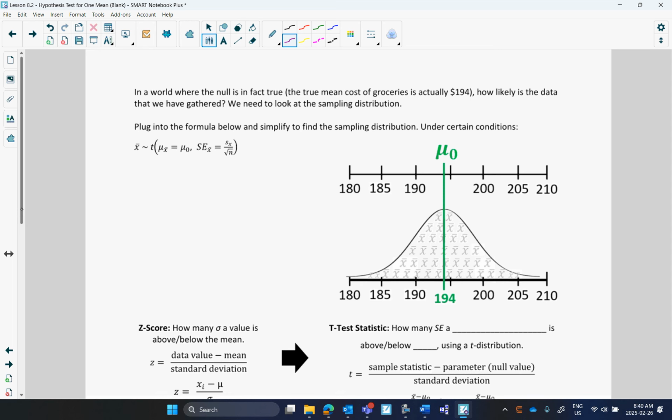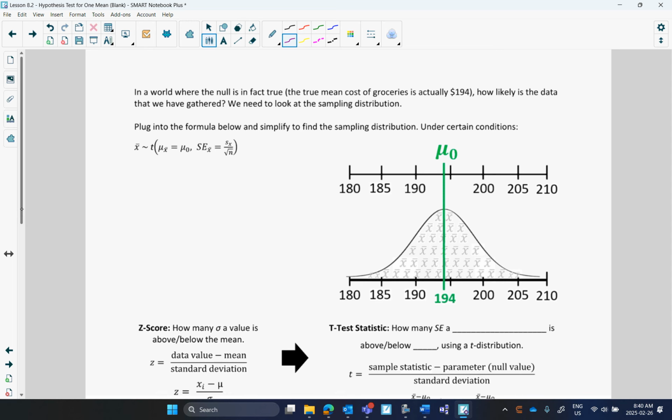If that probability is very small, that means it's unusual, which suggests there is convincing evidence for the alternative hypothesis. If that probability is high, that means it's not unusual. That means we got it by chance alone. That means the null hypothesis holds. We don't reject it.